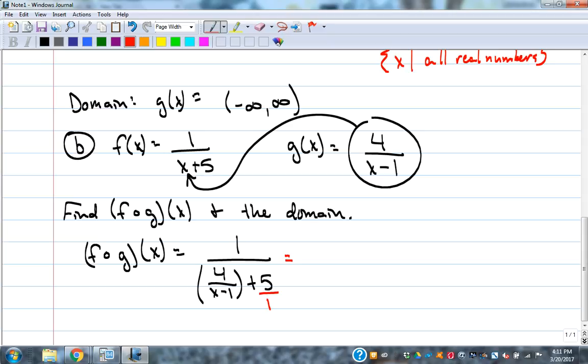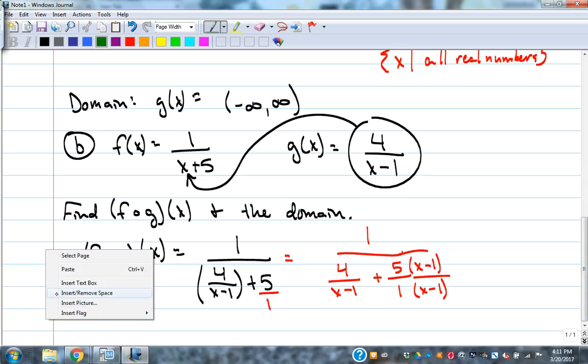So to make that happen, you're going to have to take the 5 over 1, and you're multiplying the top by x minus 1 and the bottom by x minus 1. That would give us a common denominator. And I'm showing that as a separate step there. I would normally just write it on the original there, just beside it.